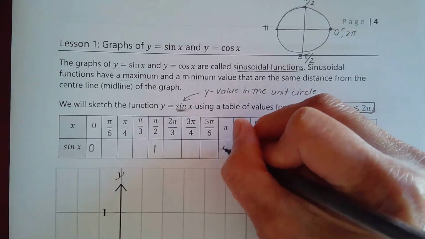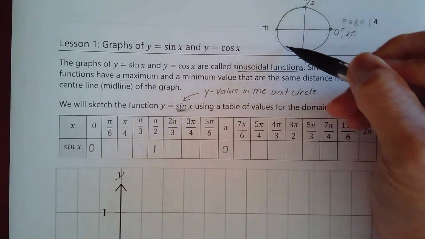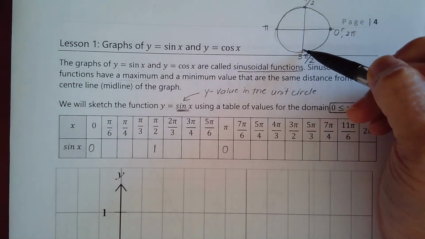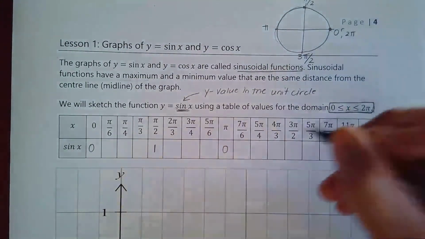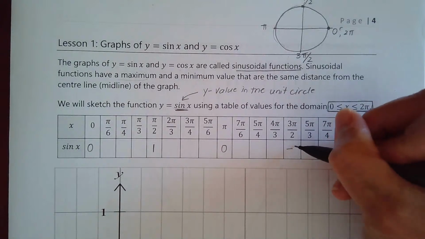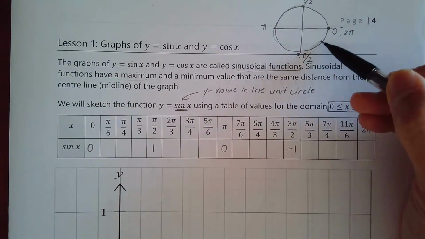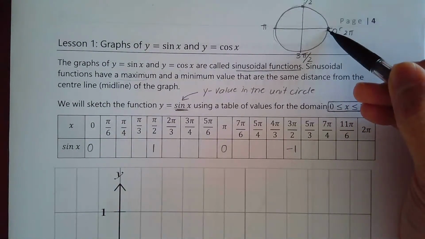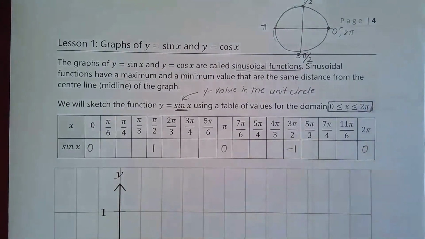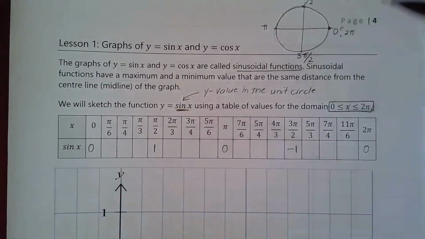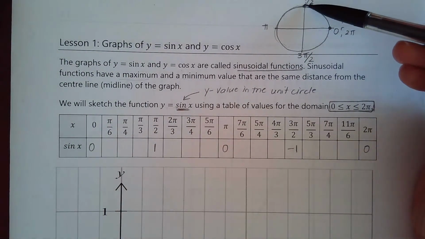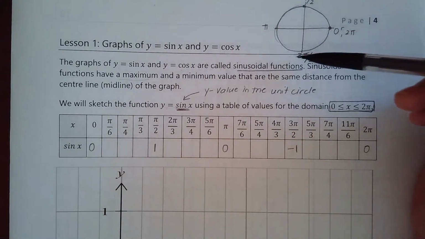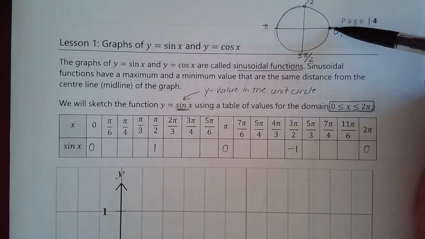At 3 pi halves, because it's below, the y value is -1. And at 2 pi, we're back at 0 again. So it's 0, 1, 0, -1, 0. It's going to fluctuate like that.